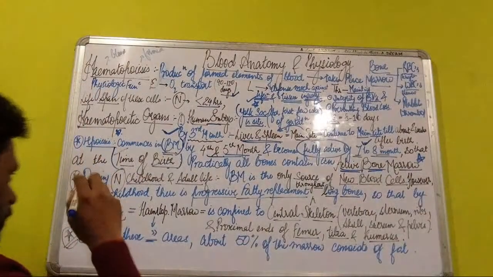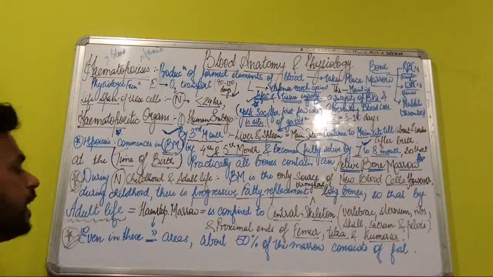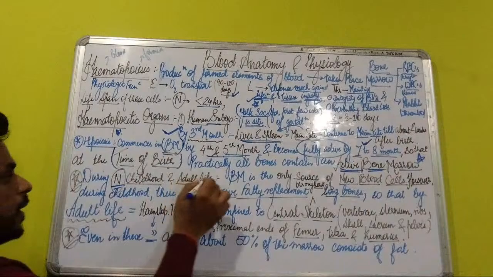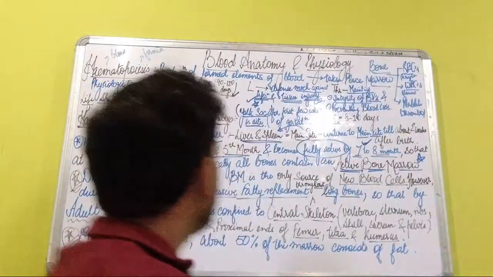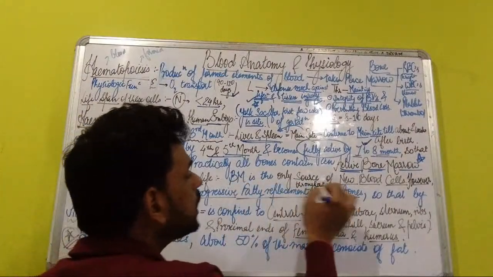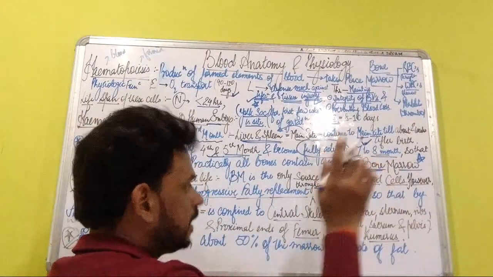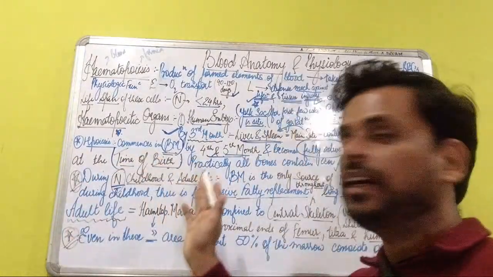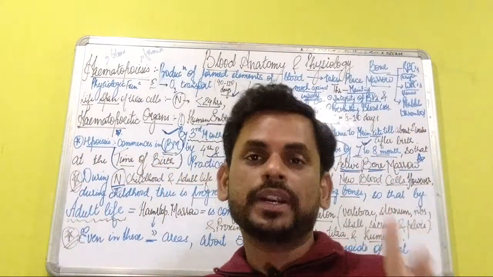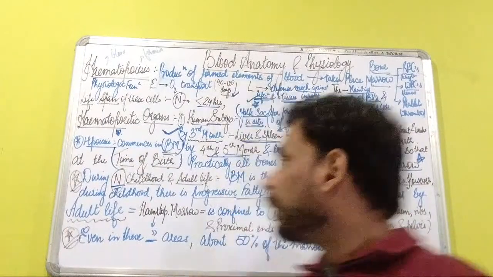Now, very, very important: during normal childhood and adult life, what is the site of erythropoiesis? Bone marrow is the only source of new blood cells. So in normal childhood and adulthood, the bone marrow is the site for hematopoiesis.